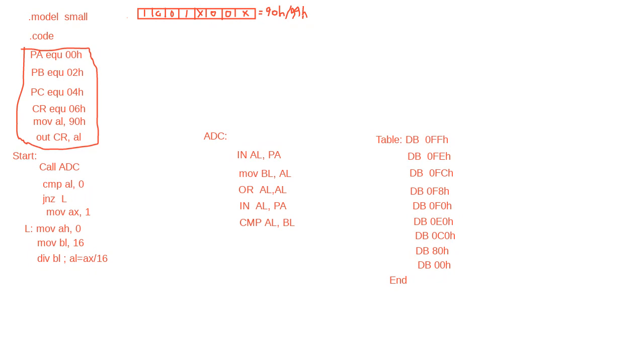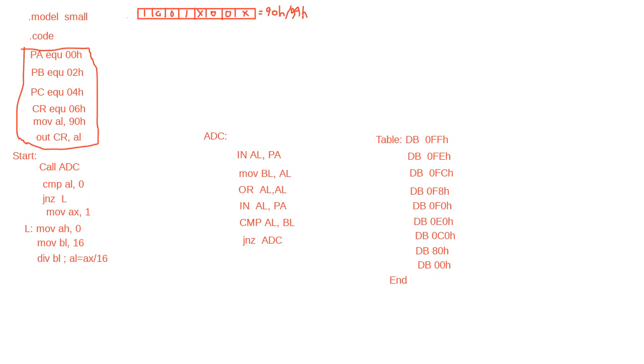So JNZ, jump not 0. If they are not equal, we do the things again. ADC jump not 0, it comes again, it will do the process again. If it is 0, that is equal, then we can take this value.